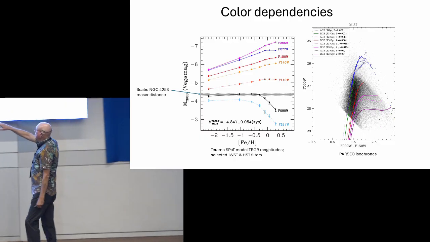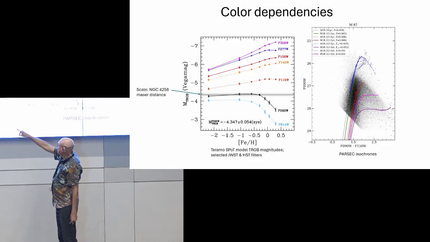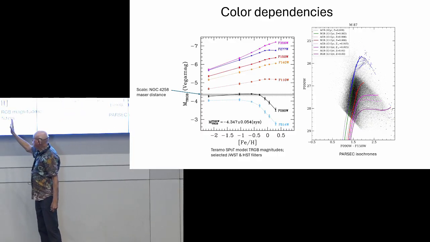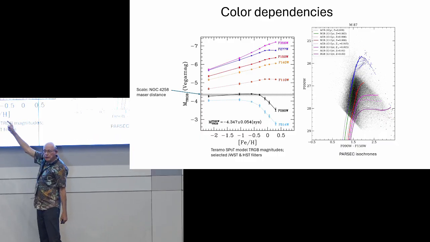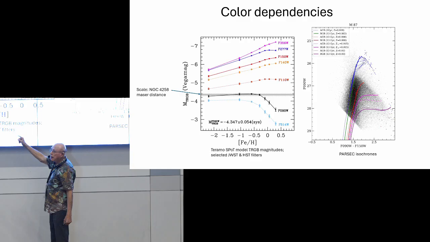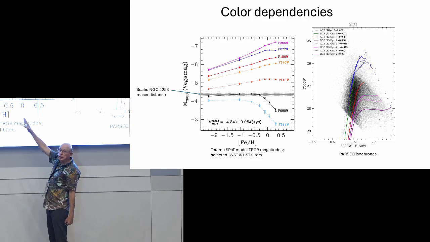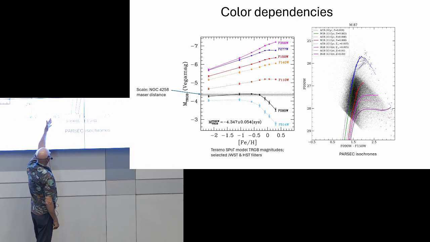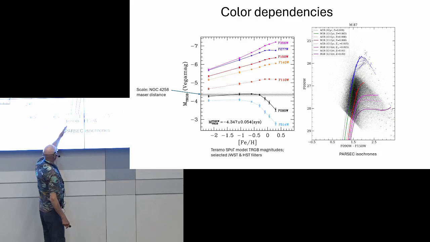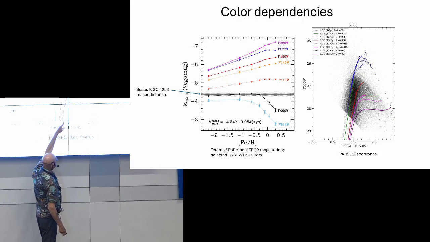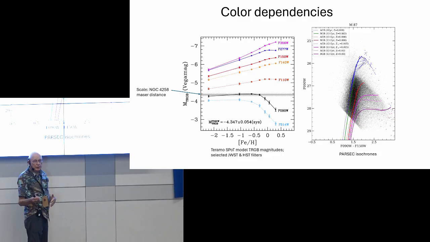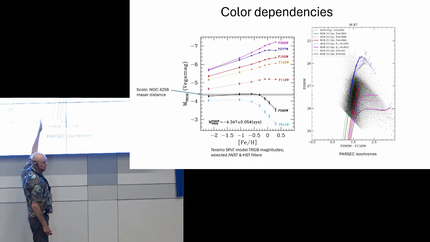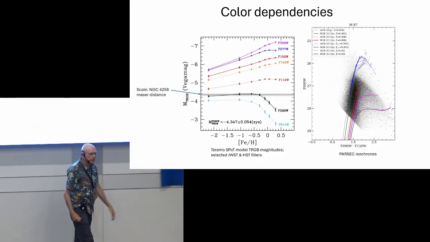So here's the tip at various metallicities, and you can see that at low metallicities, the tip is reasonably constant across all the different metallicities, but as you go to higher metallicities, it falls off, and you can see that up in this color magnitude diagram here, that if you have higher metallicities, they start to fall off. So either we have to take that into account, or we have to be very careful that we're only looking at low metallicity stars when we make the measurement.